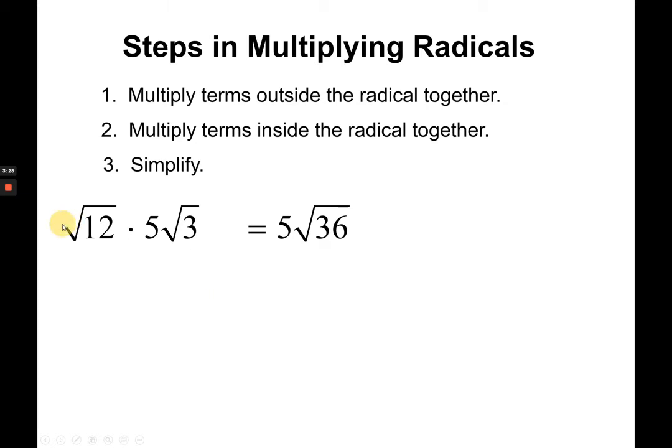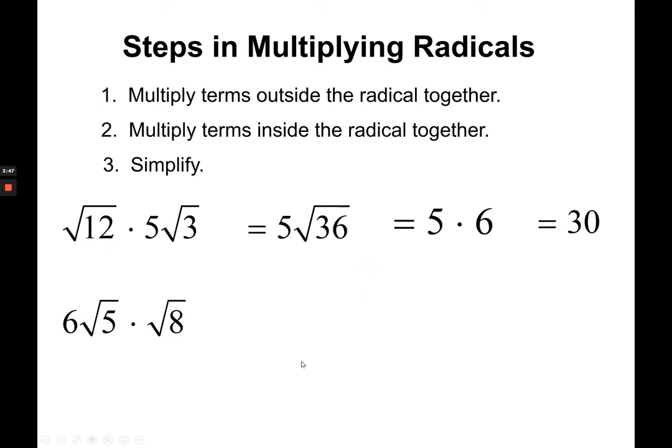There's no number, so it presumes 1. 1 times 5 is 5. Now, 36 is a perfect square, whose root is 6. And therefore, we were able to simplify the problem. 5 times 6 is 30. That's it.